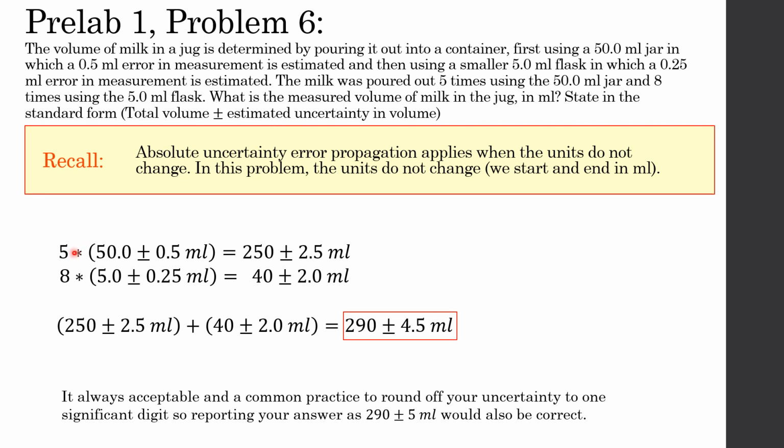With the bigger 50 milliliter jar, that was poured out 5 times, so we multiply 5 times 50 and 5 times 0.5. That gives us 250 plus or minus 2.5 milliliters. Then for the smaller 5 milliliter flask, we poured that out 8 times. 8 times 5 is 40, 8 times 0.25 is 2.